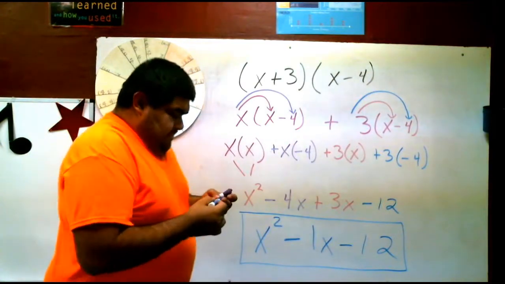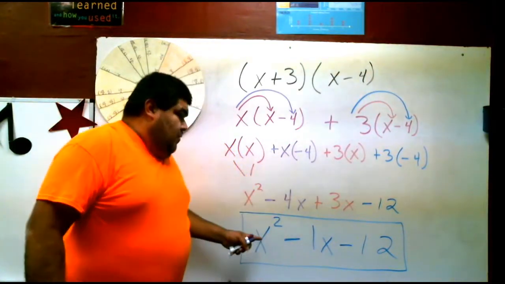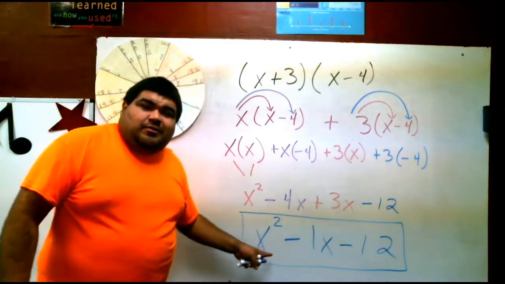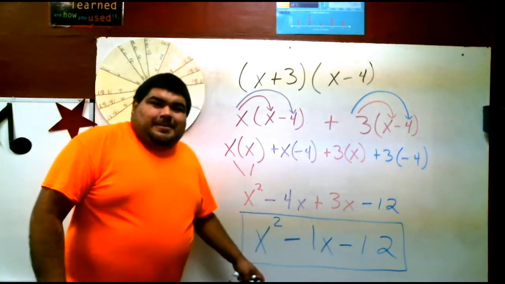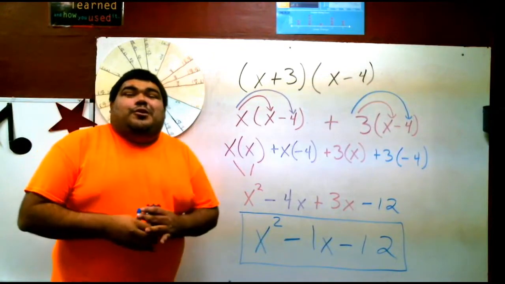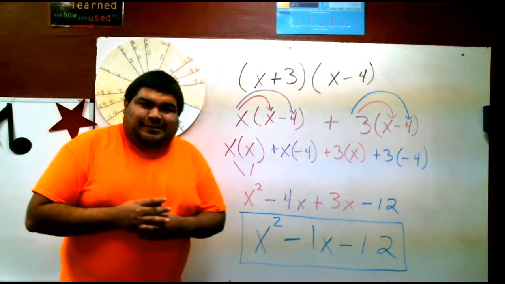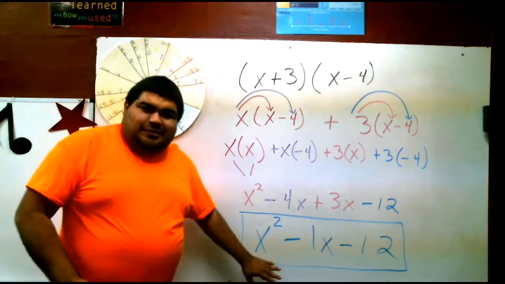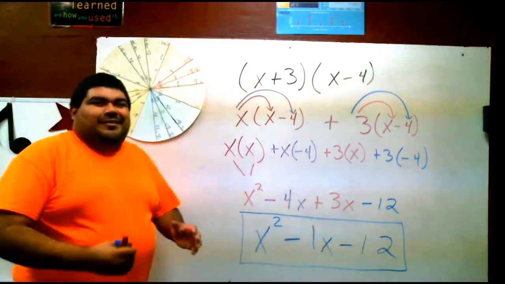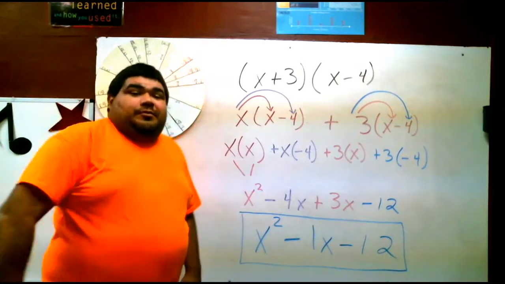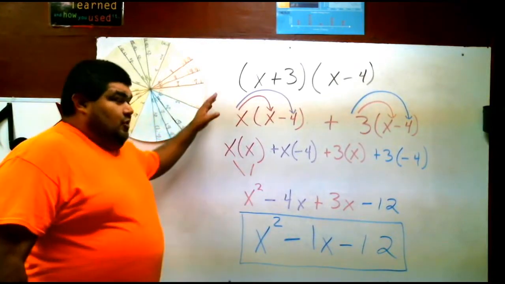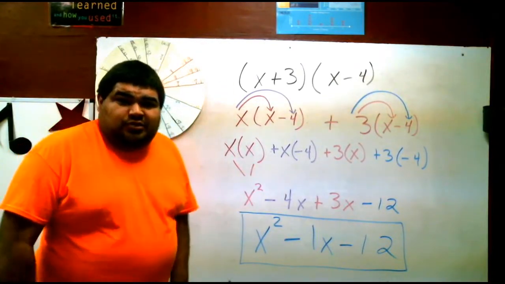Does anybody know what kind of equation this is called? It's called a quadratic equation. Keep that in mind, hint, hint, because we're going to see a little bit of this later on. Make sure you write down all the notes.